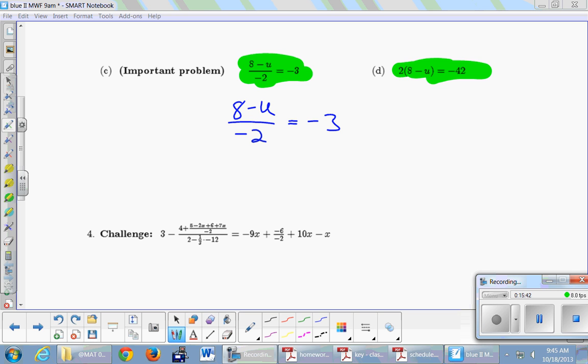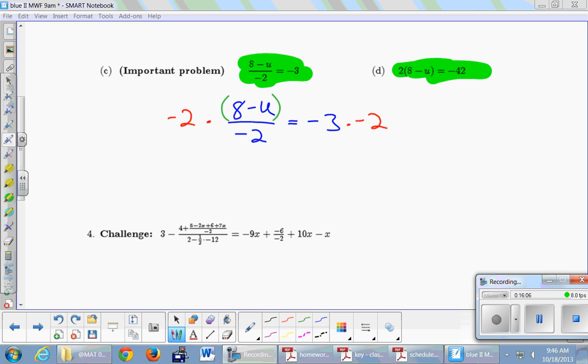And the reason it's the -2 is that there's kind of implied parentheses up here. And so that 8 is not really accessible at the moment because it's trapped inside of parentheses. So we need to get rid of that -2. What's the opposite of dividing by -2? It's multiplying by -2. So I'm going to multiply both sides by -2.